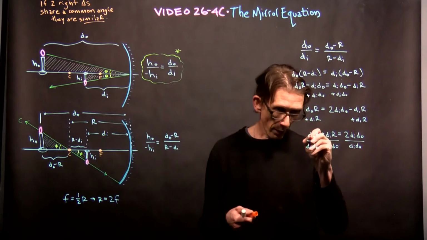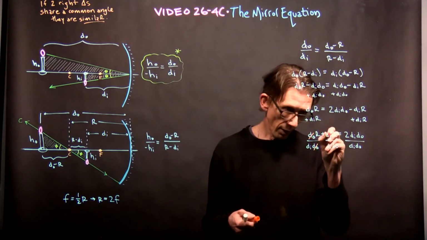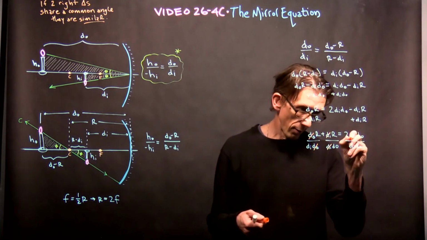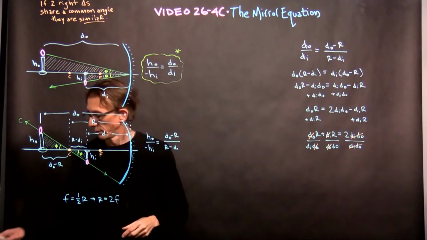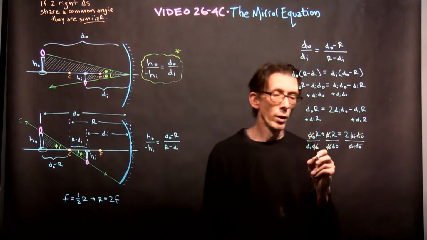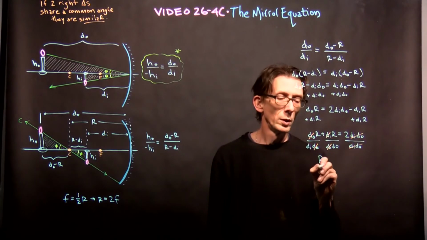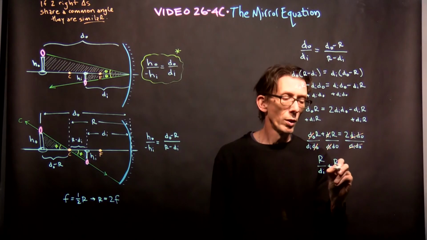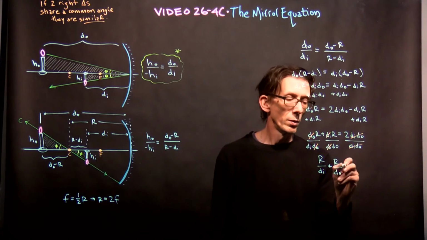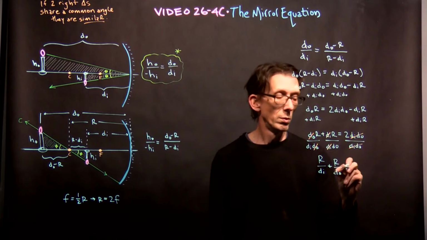The first term, we cancel our D naughts. Second term, we cancel our DIs. And the term on the right, we cancel our DIs and our D naughts. So we've got R over DI plus R over D naught equals 2.